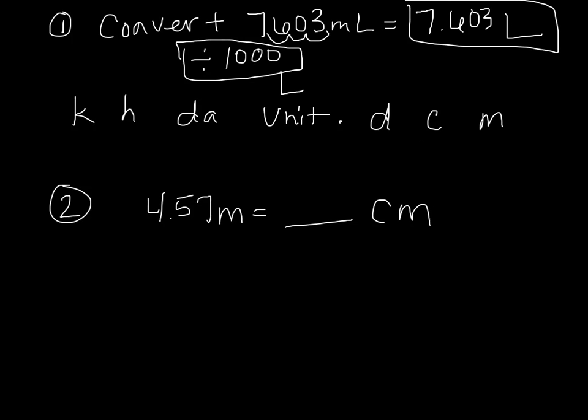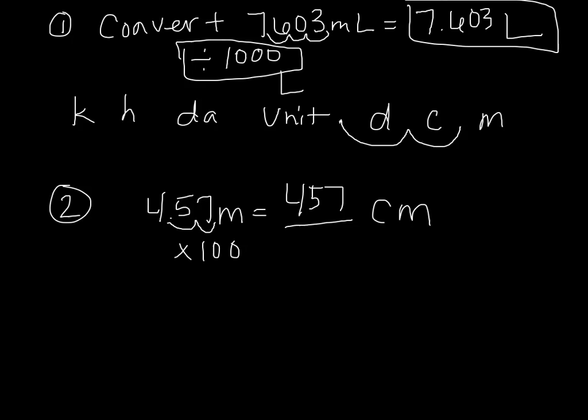Okay, and I want it to be centimeters. So I have to move it 2 spots to the right. When I move to the right, I multiply. So I'm going to multiply by 100 or move it 2 spots to the right. So that is the same as 457 centimeters.